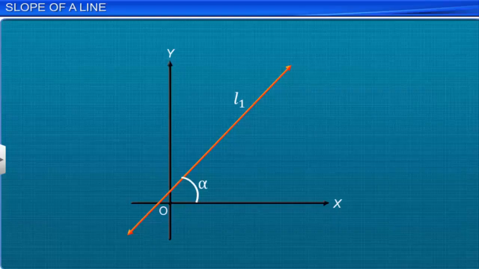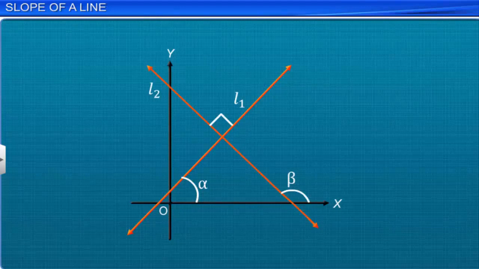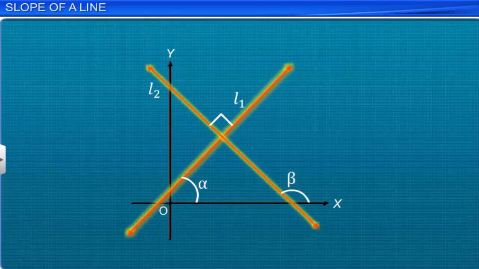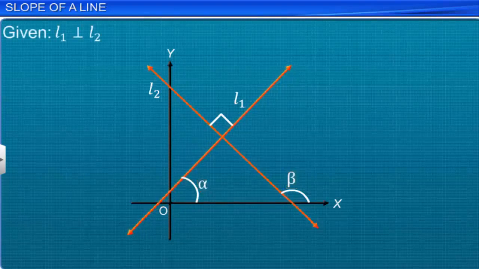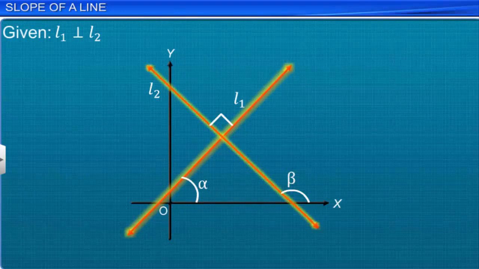Now, let us find the relationship between the slopes of perpendicular lines. Here are two perpendicular lines, L1 and L2, having inclination alpha and beta respectively. Since line L1 is perpendicular to line L2 and line L1 makes an angle alpha with the x-axis, angle beta is equal to angle alpha plus 90 degrees.